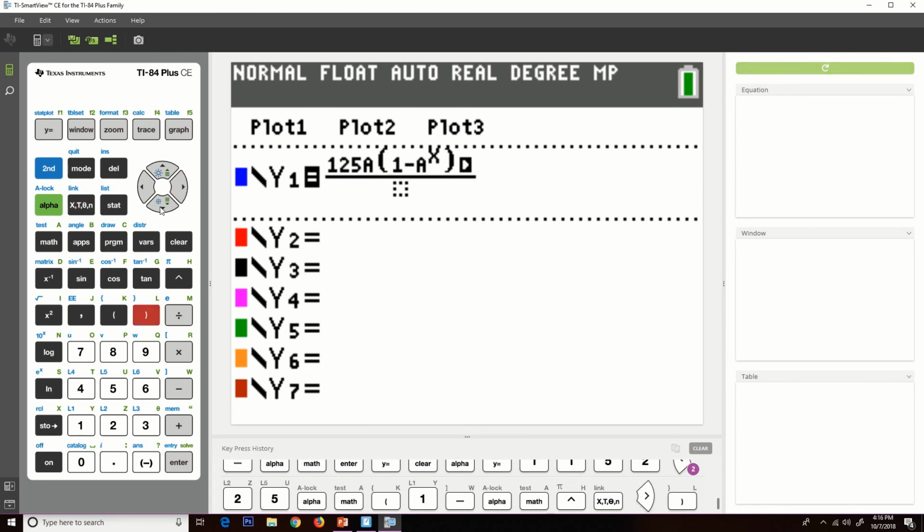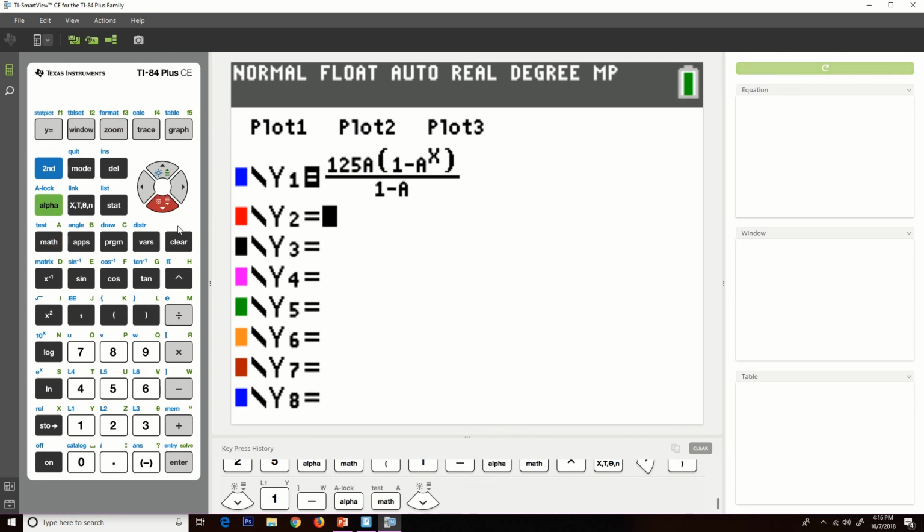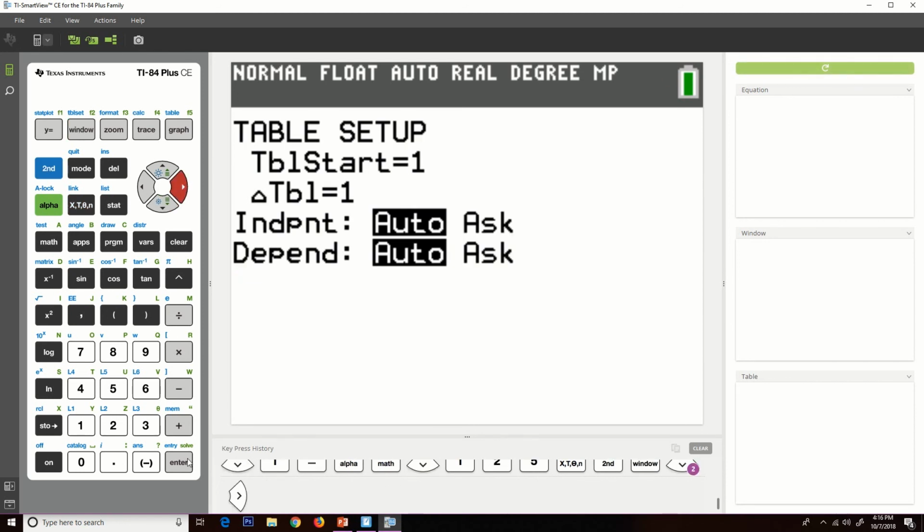We're going to do different units of months, and then 1 minus alpha A again. For the next one, let's do 125 times x, and that'll calculate how much money we've actually saved over that time. Then let's change our table setup.